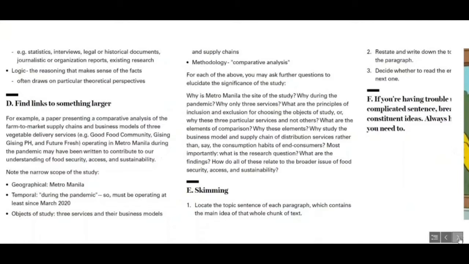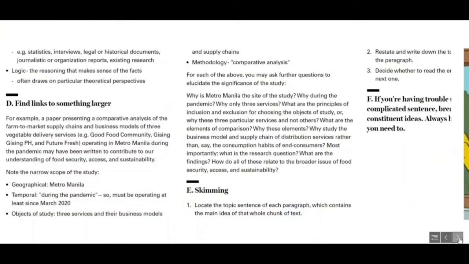If you find the larger connection of the significance of the ownership of the means of production and distribution in developing food security, papasok din dyan yung land reform because the question of who owns the land on which produce is cultivated is a salient concern with regard to the issue of food security.